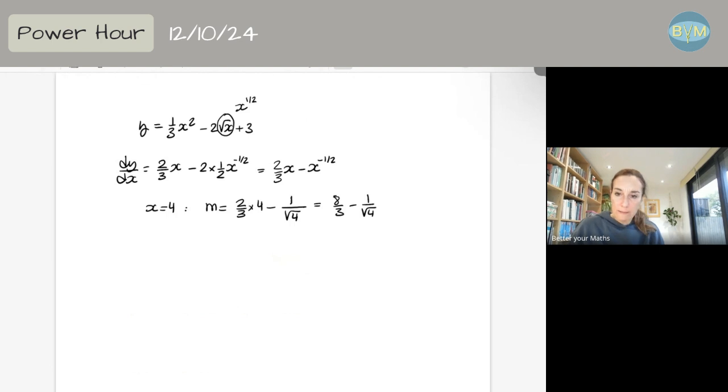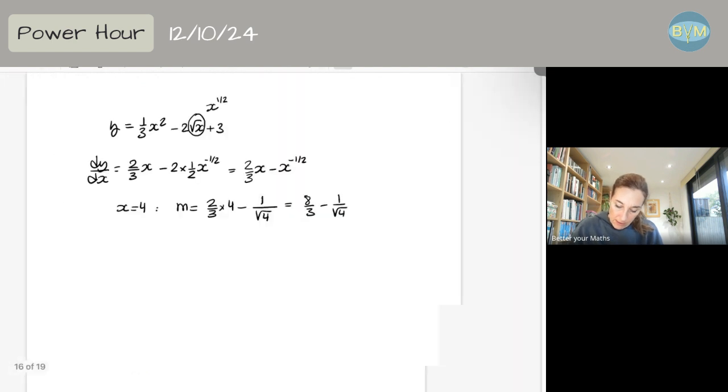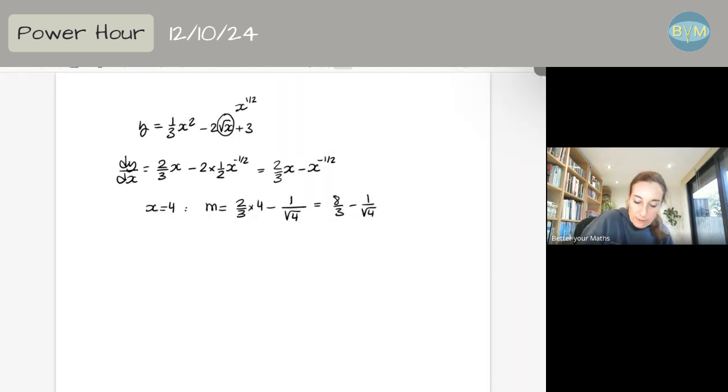Did you get that gradient? No, the gradient is 13 over 6. I was doing root 2, I'm silly. Root 4 is 2, so this is 1/2. 13/6, that's the gradient. So we can use the same that we did before.